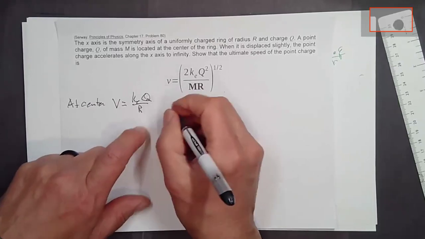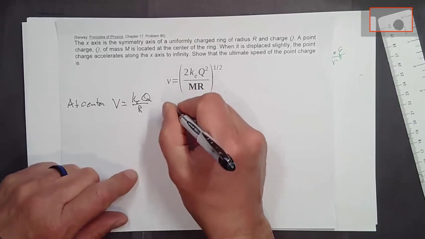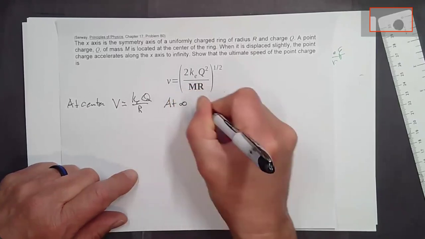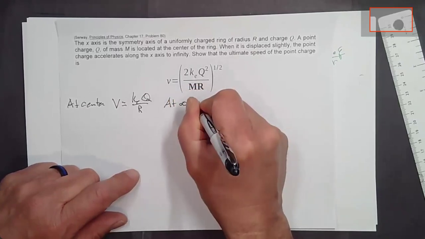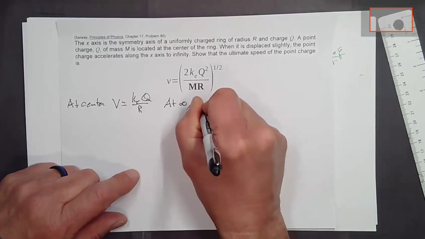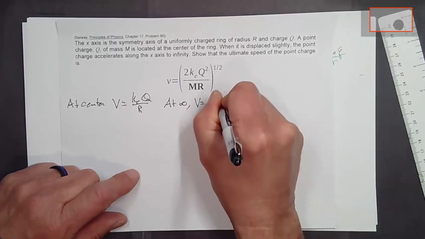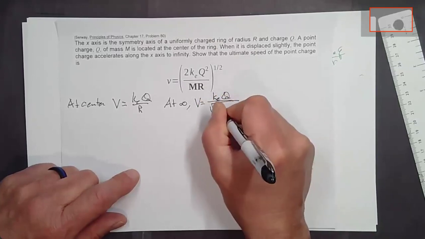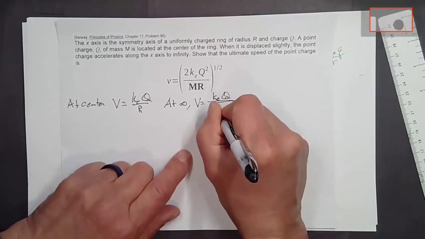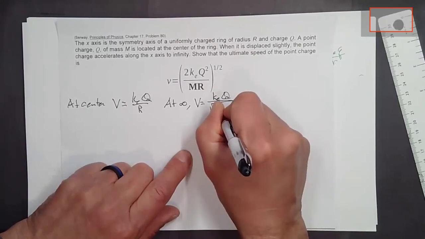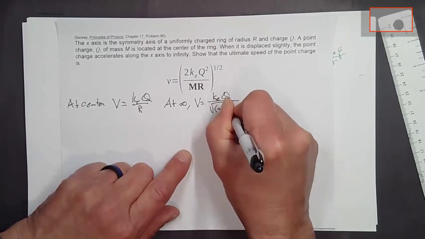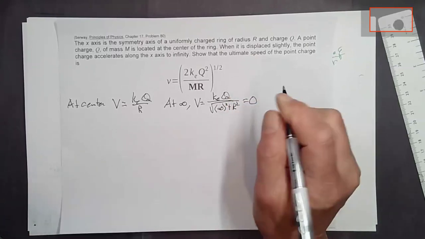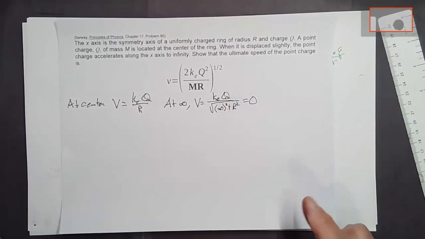All right. At infinity, the potential will equal K sub E Q over the square root of, remember, x squared plus r squared, but in this case, it's going to be infinity squared plus r squared, and that's equal to 0. So there's no potential energy.